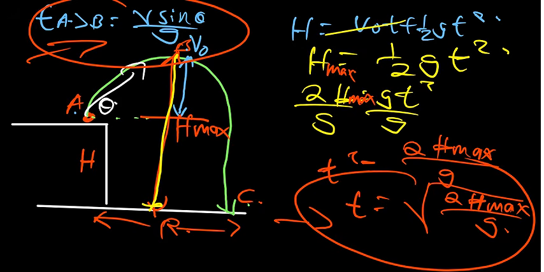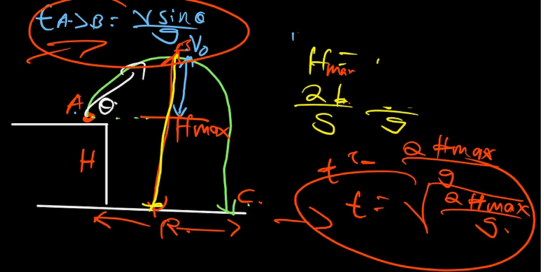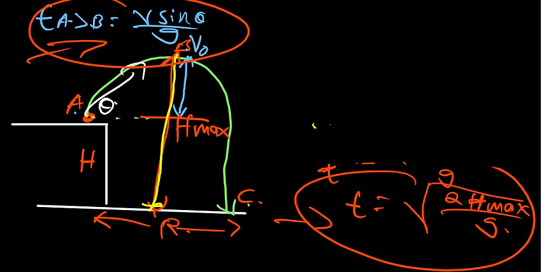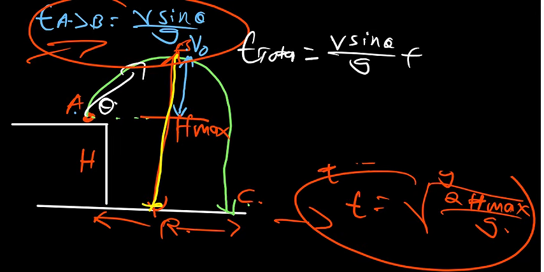Now how do you find the range? Once you find the total time, let me give you the general formula for total time. The t total in the third trajectory is V sine theta divided by g plus the square root of 2 h max, where h is from this point all the way down to here, divided by g.